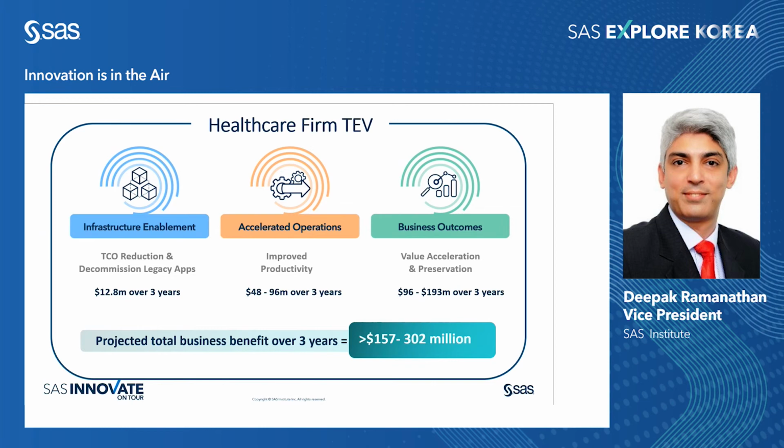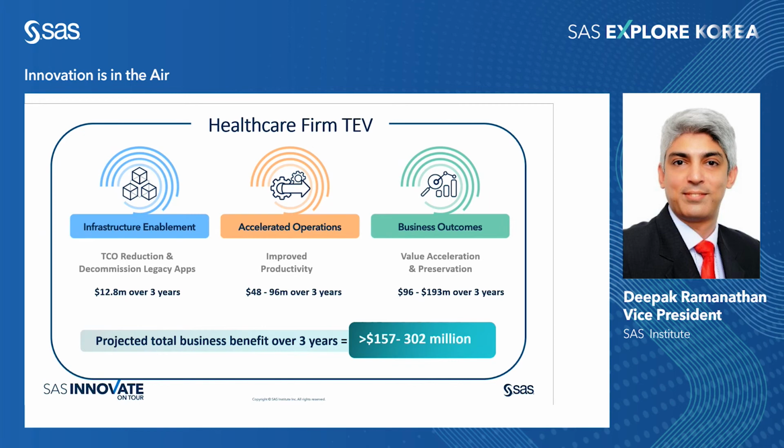Now in the SAS world, we have a lot of customers who are currently using traditional statistics and modeling from SAS and are now moving over to the newer world of AI, machine learning, and areas around that space, right?